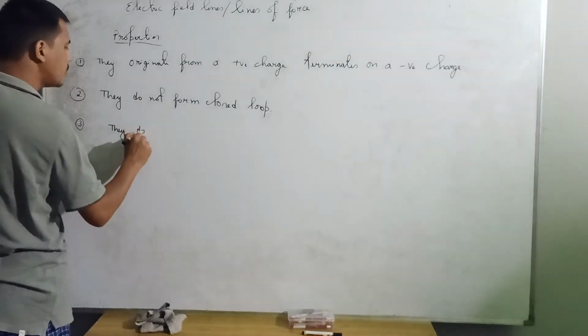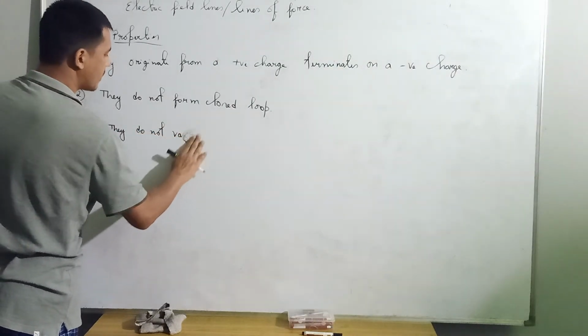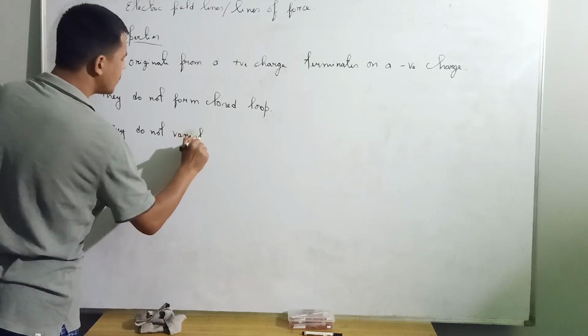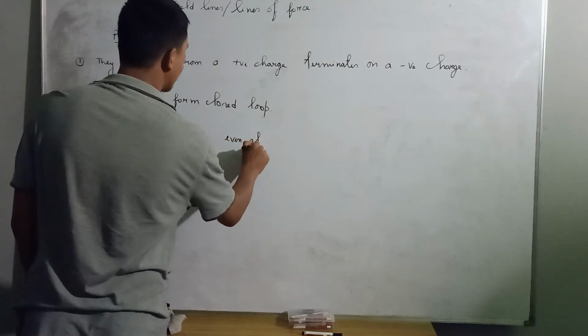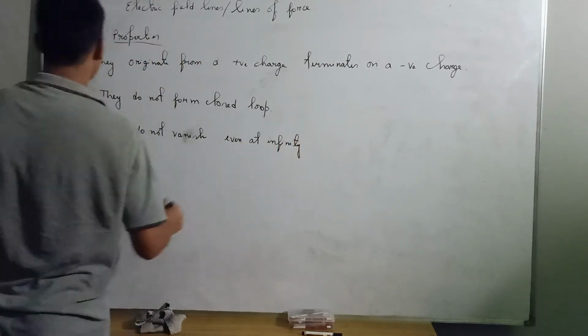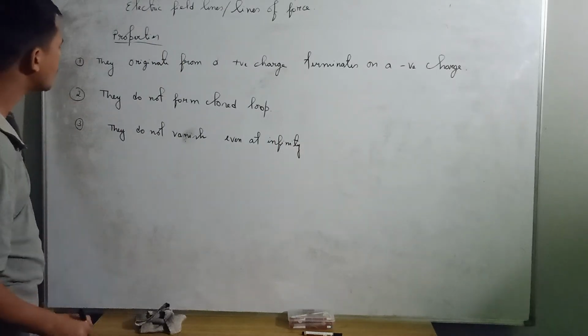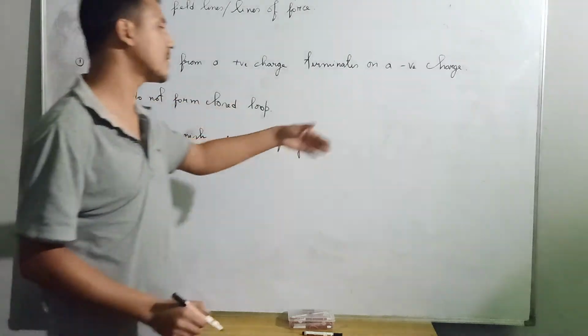Point number 3. They do not vanish. Vanish, V-A-N-I-S-H. They do not vanish even at infinity. As you go away from the charge, the magnitude of the field line will decrease. You keep on increasing the distance.